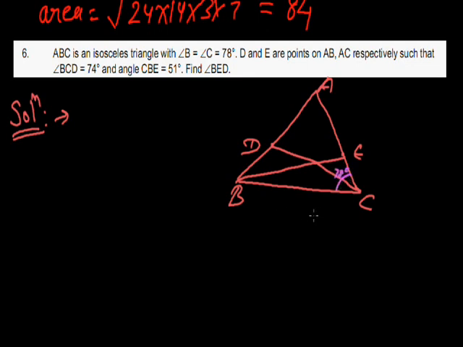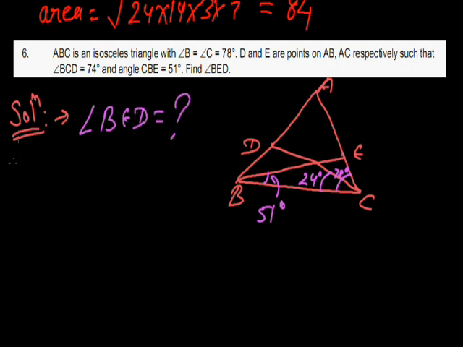Also we are given that angle BCD is equal to 24 degrees, not 74 degrees, it is 24 degrees. Please make a correction in the question. Now angle CBE is given to us as 51 degrees, and we have to find the measure of angle BED.